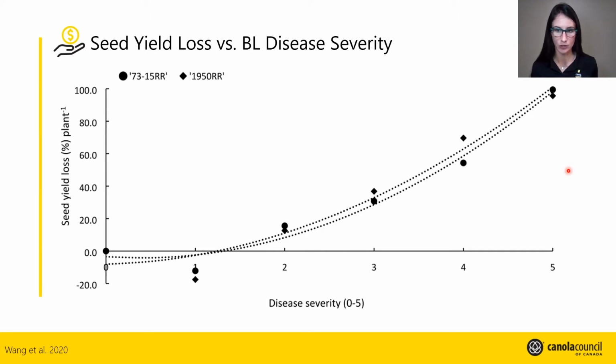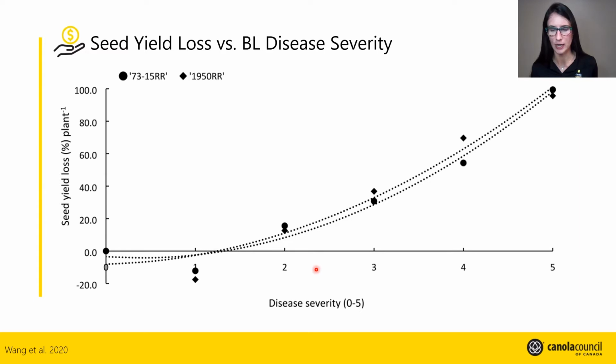So this is another one of our CAP funded projects looking at the yield loss caused by blackleg. This particular work is done through the University of Alberta. It has updated some previous models on losses. And you can see that a little bit of infection from blackleg, on that 0 to 5 scale, a rating of 1, doesn't cause any losses.